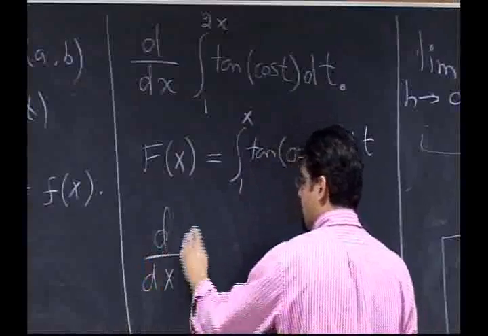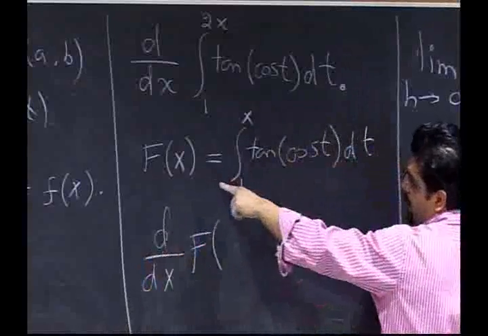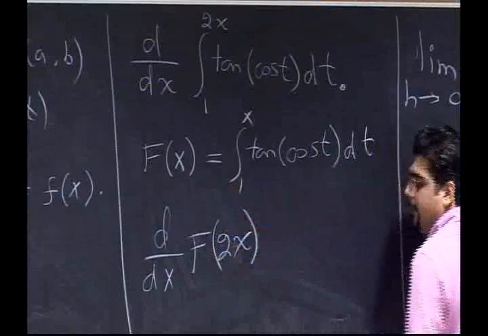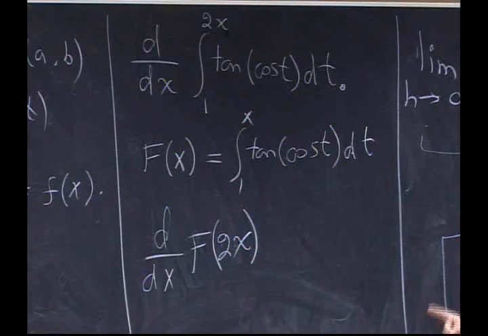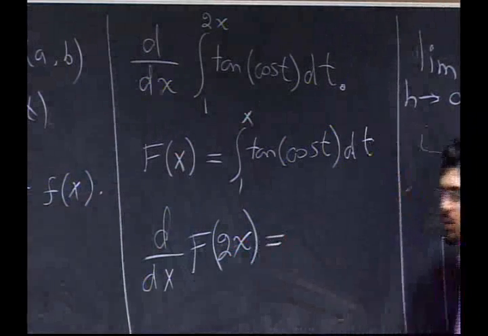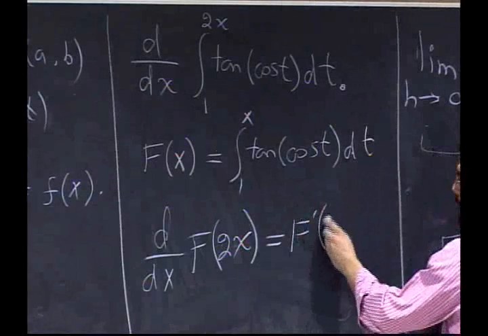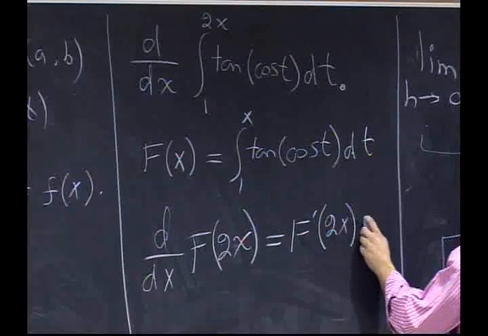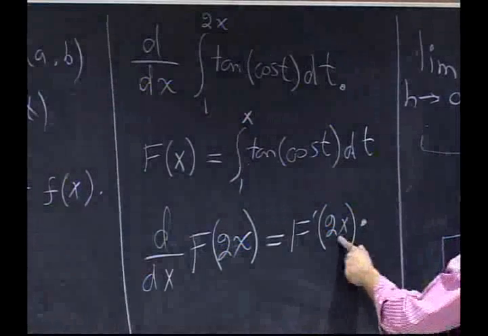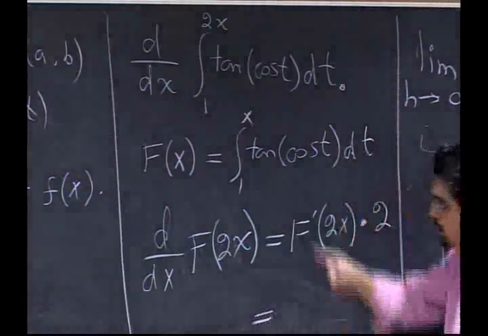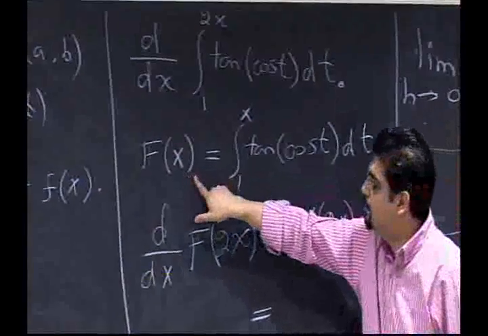What I have is the derivative, not of f of x, of f of what? 2x. I have the derivative of f of 2x, right? And according to the chain rule, that's the derivative of f, leaving the inner part the same, times the derivative of the inner part, which is 2. Now, according to that theorem, I know what f prime is.